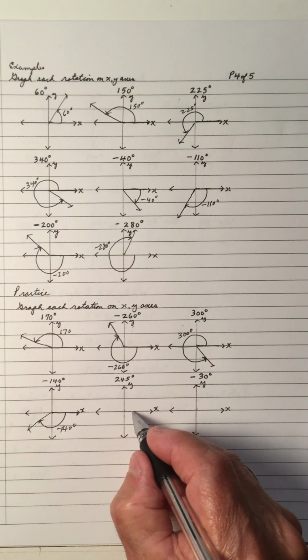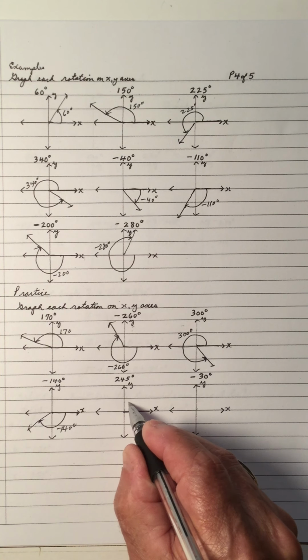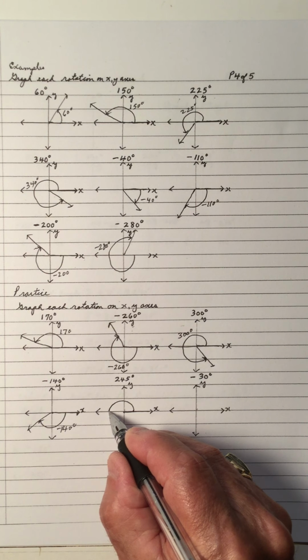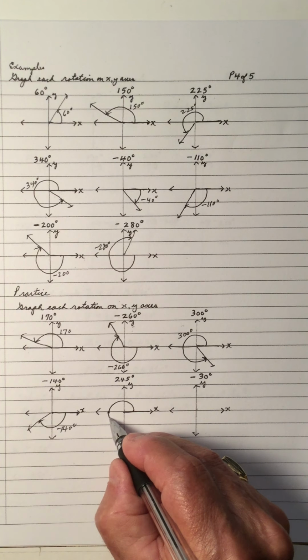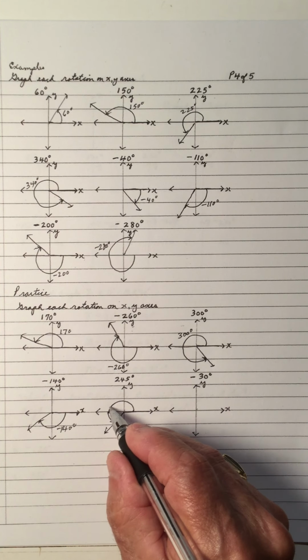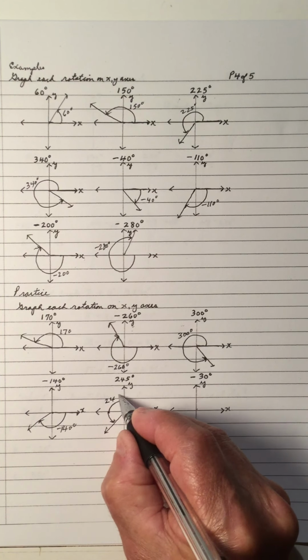And 245, start from the initial arm, 90, 180, and this is 270, so we're somewhere in between. So let's go this far. Again, I'm not concerned how far, but we go more than 180, less than 270. So that's 245.